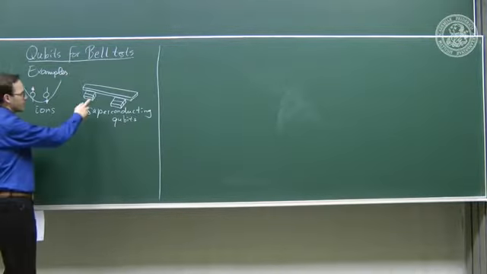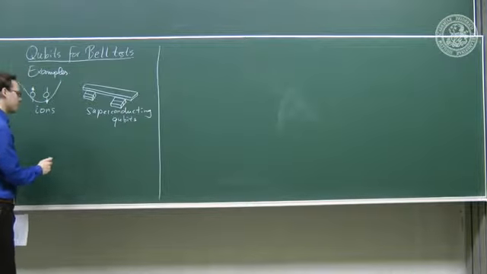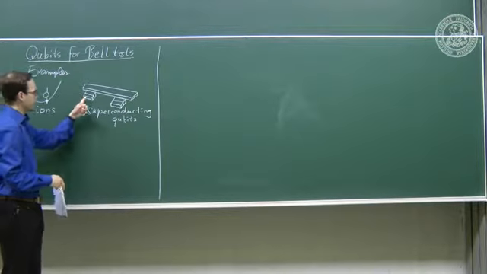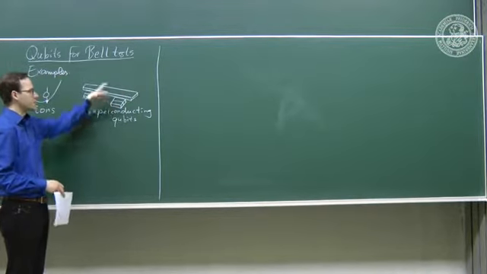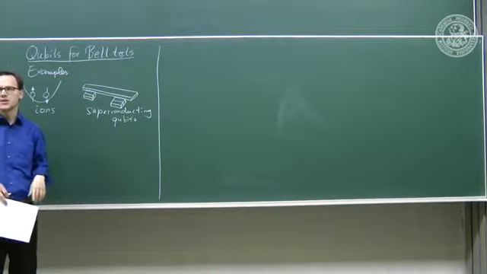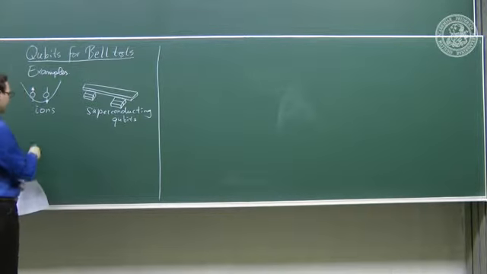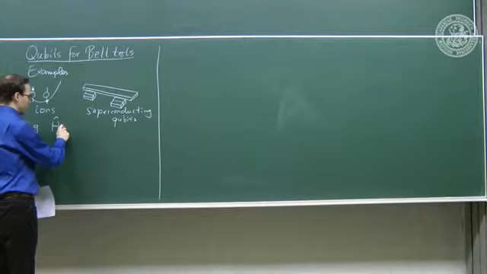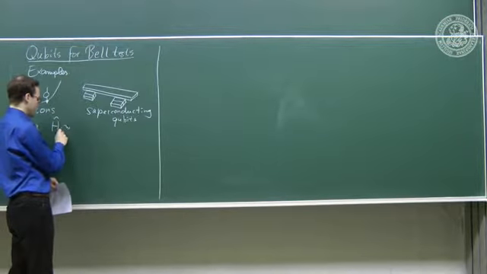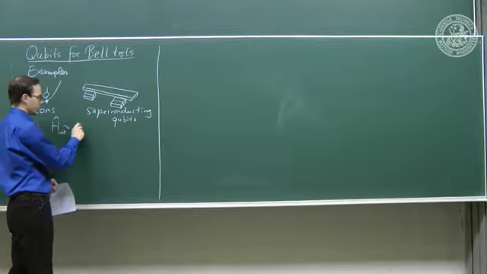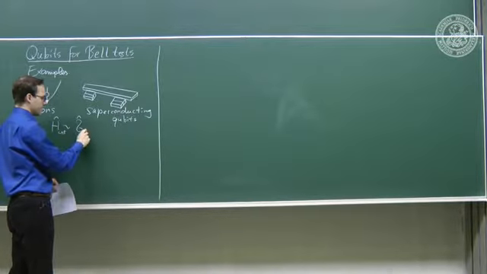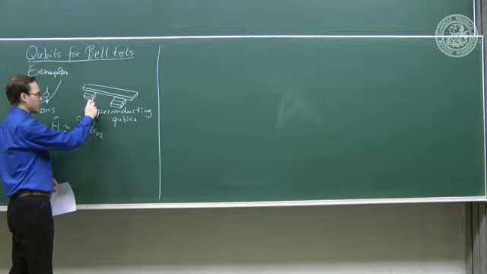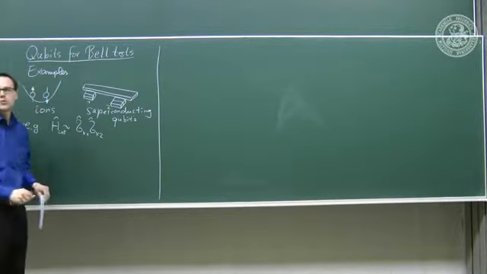In such a situation, you can easily have an effective coupling between the two qubits that is mediated by this microwave resonator, and the Hamiltonian for this effective coupling would contain an interaction term that goes like, for example, sigma x1 times sigma x2, where 1 and 2 refer to the two qubits.